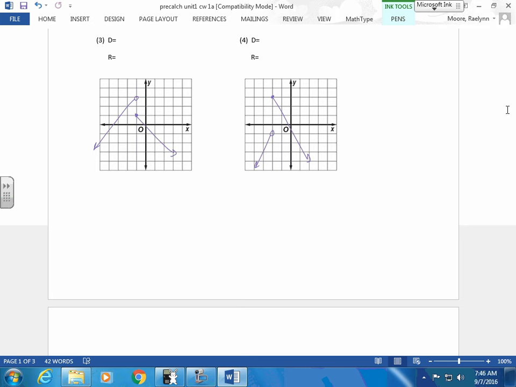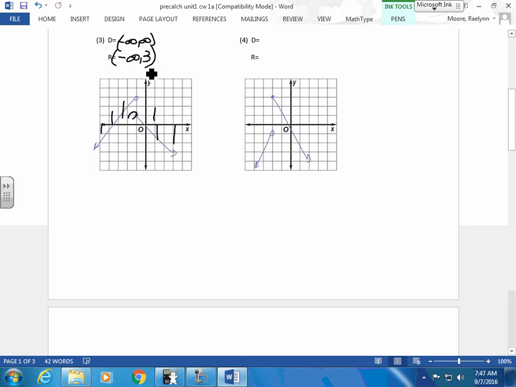So what would be your domain for number 3? Negative infinity to infinity. Every x, I can find a y. How about your range? 3, hard bracket or soft bracket? Soft, because it has the open circle.